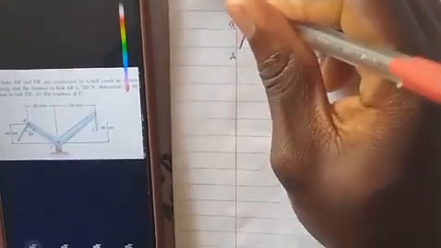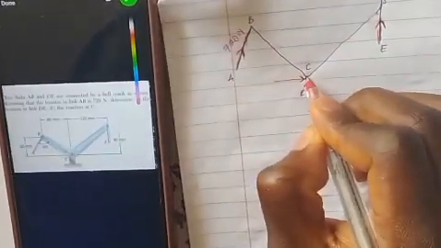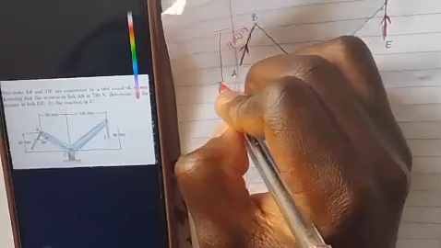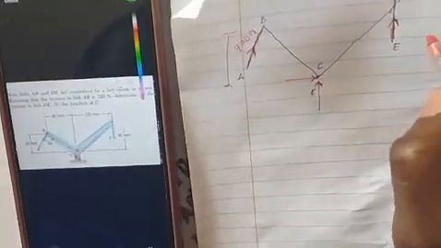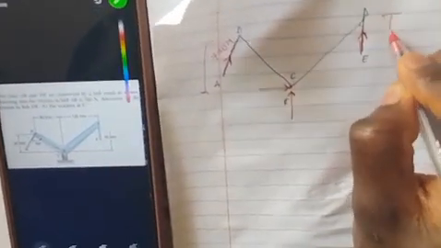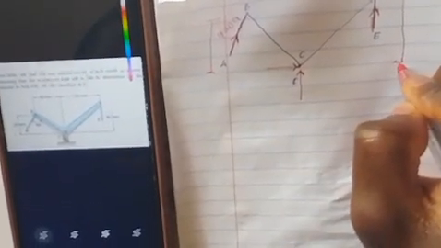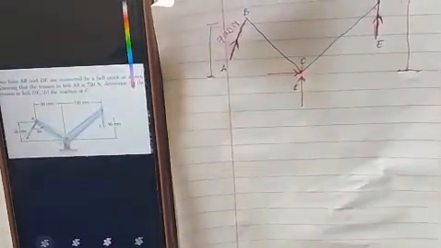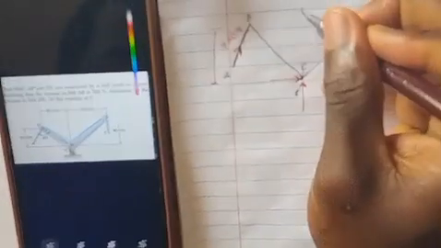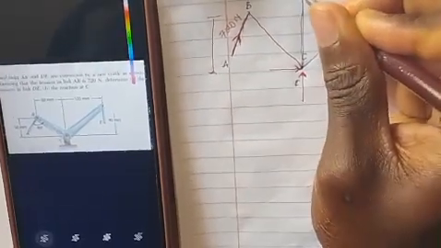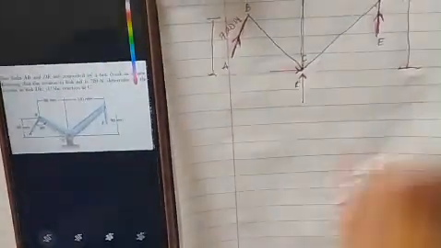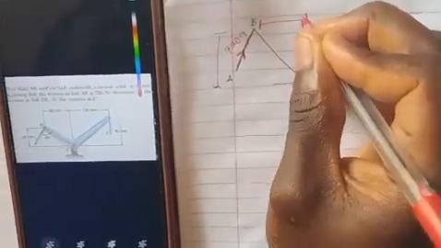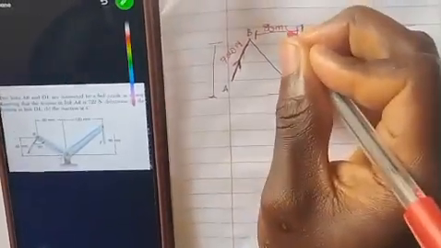Now, since we've already drawn the free body diagram of this particular system, and we know the tension in link AB is 720 Newton, we know the length from here to here, and also we know the length from this upper part to this down part. We also know the distance from here to here is 80 millimeter.